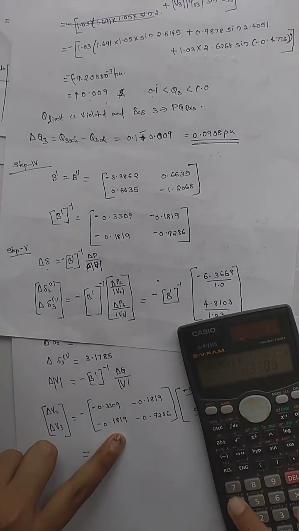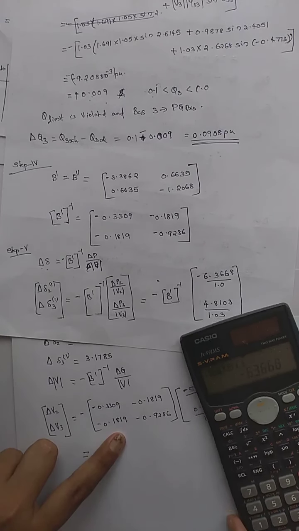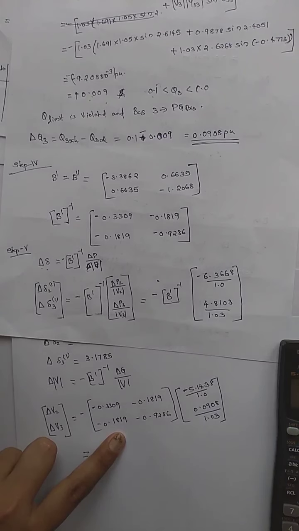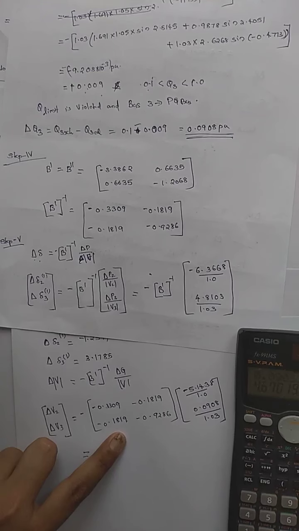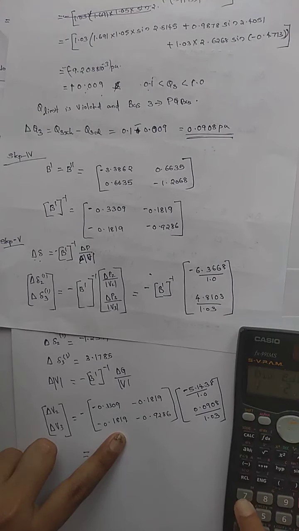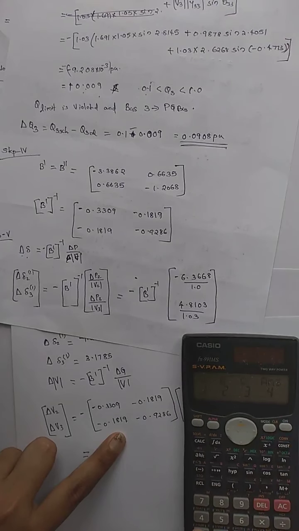Then shift math dimensioning the second matrix, 2 by 1: minus 5.1438, and the other one is 0.0908 divided by 1.03. Then shift mat 3 first matrix into shift mat 3 second matrix.